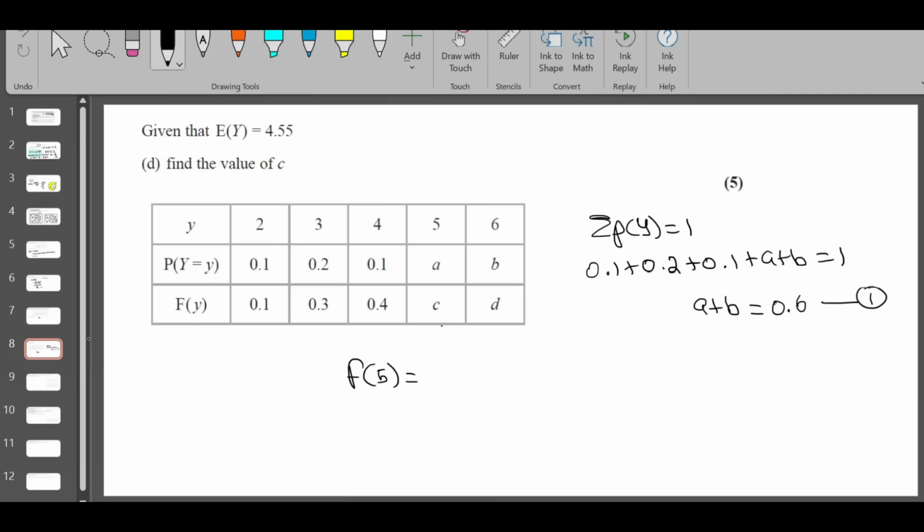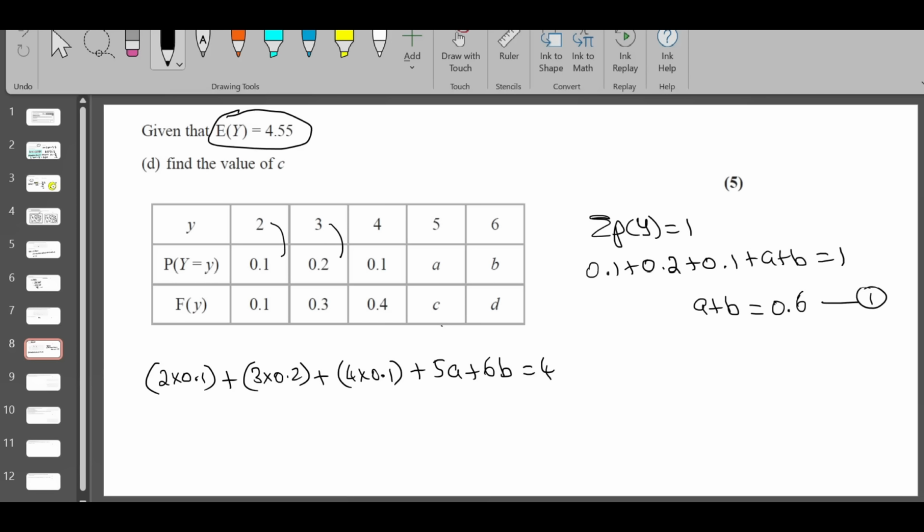Take it as equation 1. Now we use this to frame another equation, E of Y. How do we find E of Y? Take Y and multiply. So 2 times 0.1 plus 3 times 0.2, 4 times 0.1, 5 times A, 6 times B is given as 4.55.